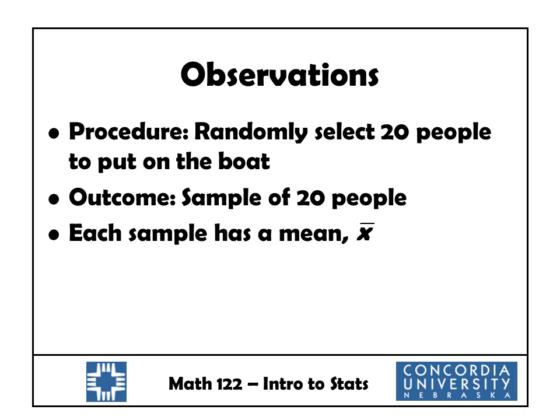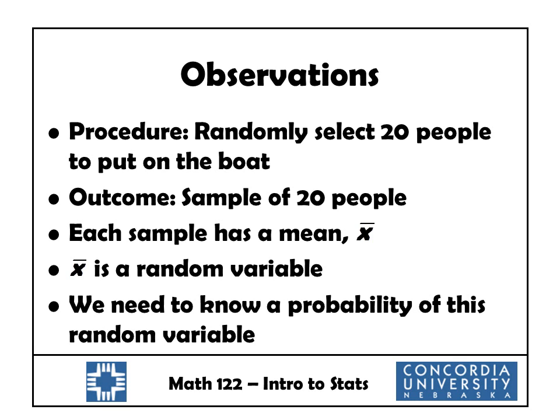So with each one of these outcomes, I have associated a real number called the sample mean. So therefore x bar is a random variable for this procedure of loading the boat with 20 randomly selected people. What we're asking in our question is a probability of this random variable. We want to know what's the probability that this random variable is going to be greater than 175.